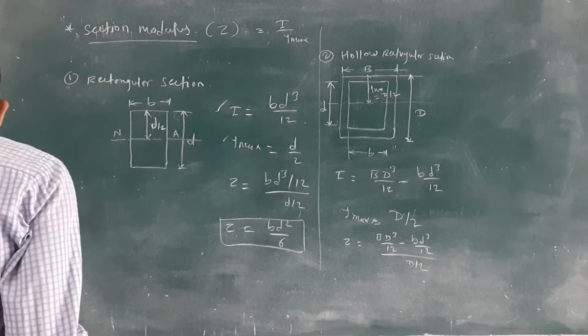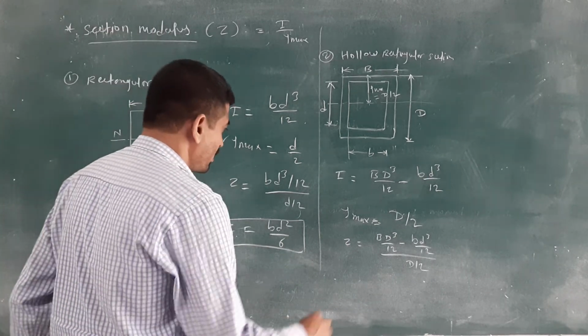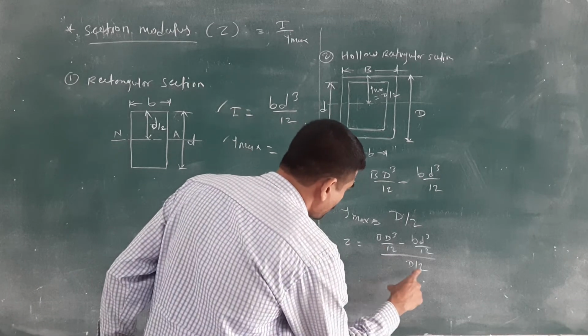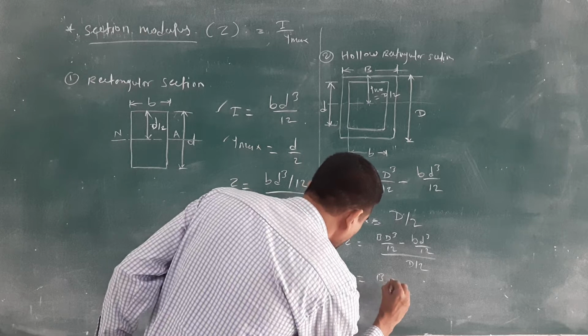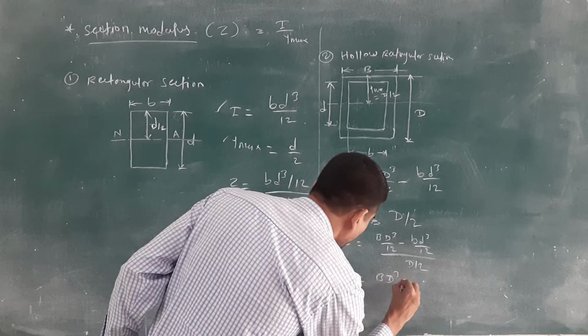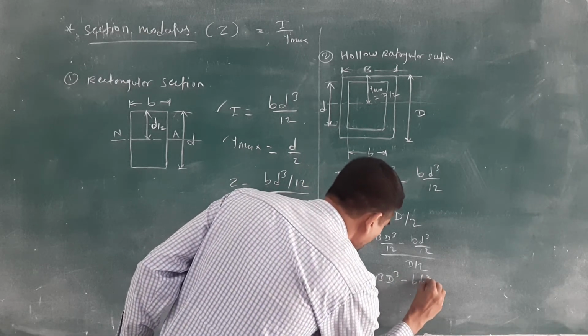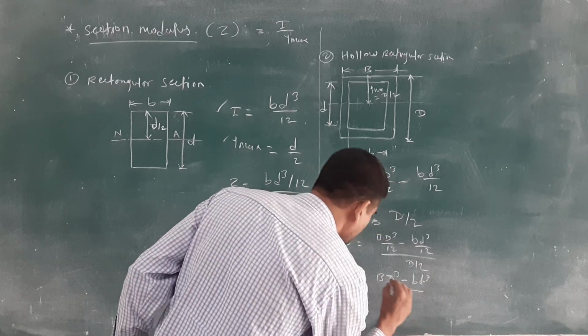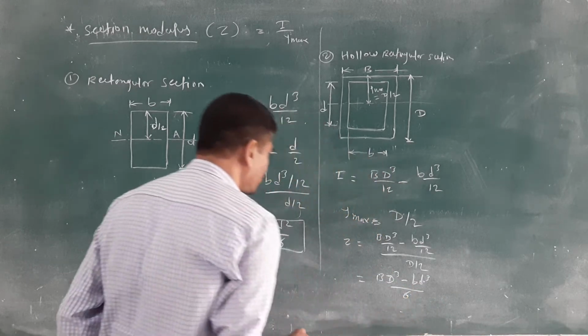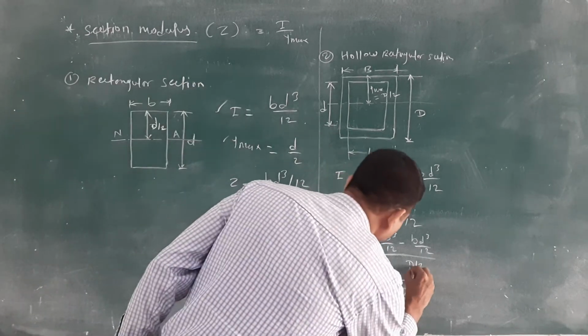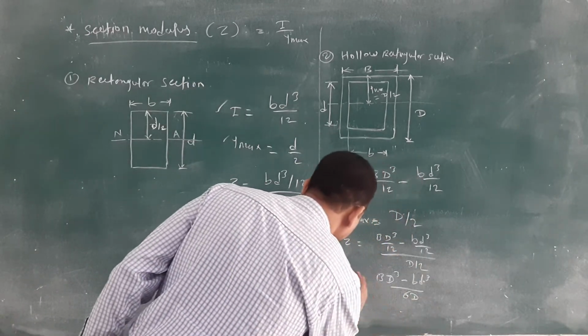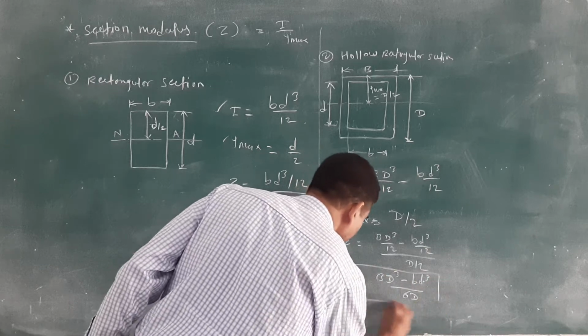You can take the common 1 by 12, and this 2 means you will get 1 by 6. BD cube. When you solve this, you will get BD cube divided by 6. Check that: D, 6 is there, no? 6, D as it is. You will get this Z.